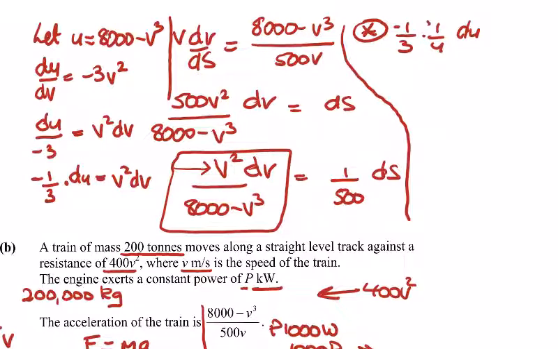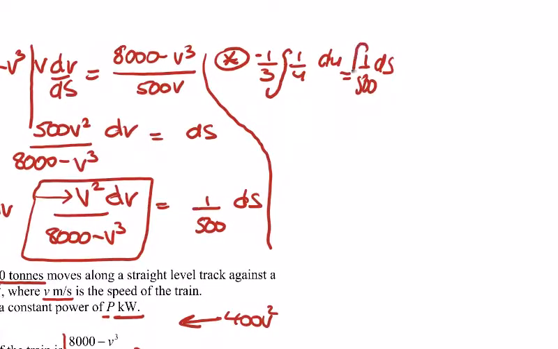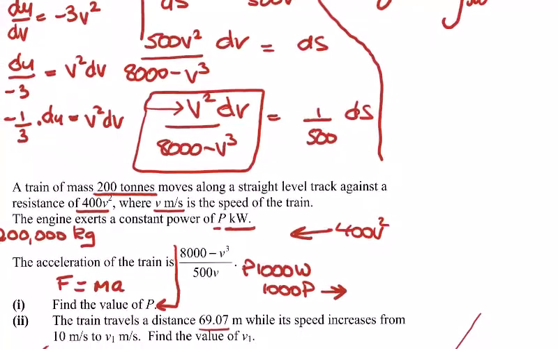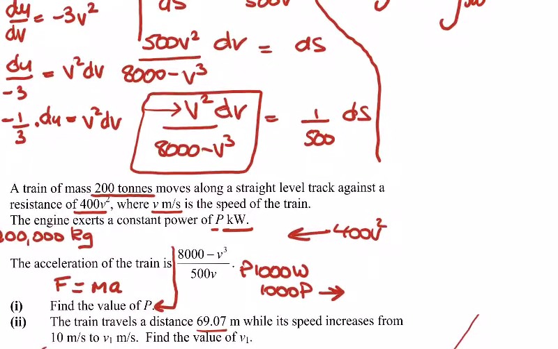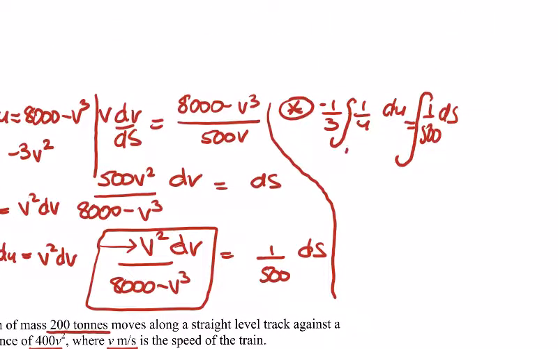That's what we're going to integrate, keeping the constant out, and that's equal to 1 over 500 ds. Now we're given our values. The train travels a distance of 69.07 while its speed increases from 10 to V1. So speed from 10 to V1 and distance from 0 to 69.07.